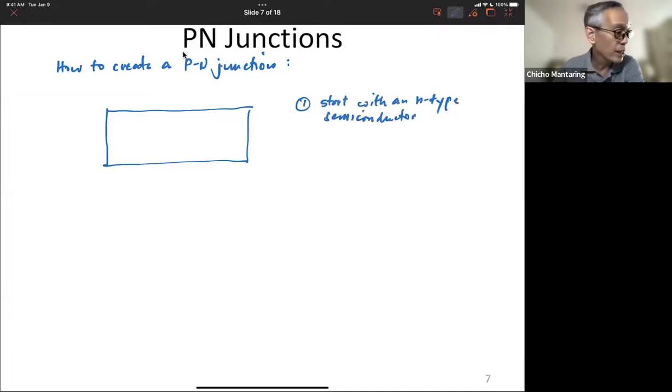So this is an N-type. And then at one end, you introduce acceptor impurities.